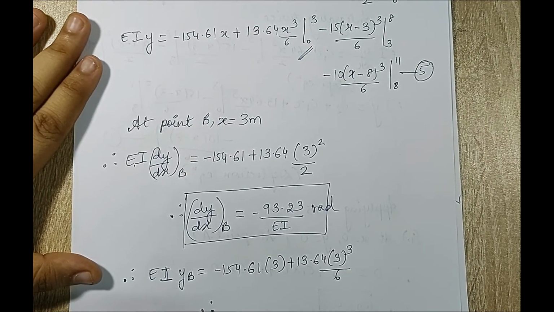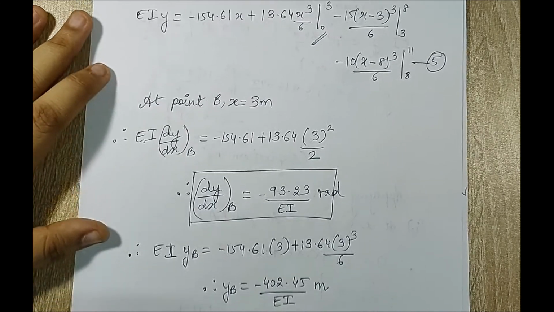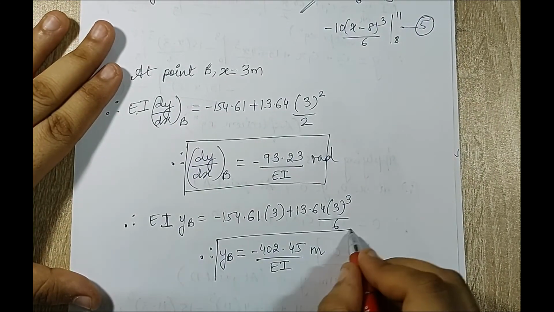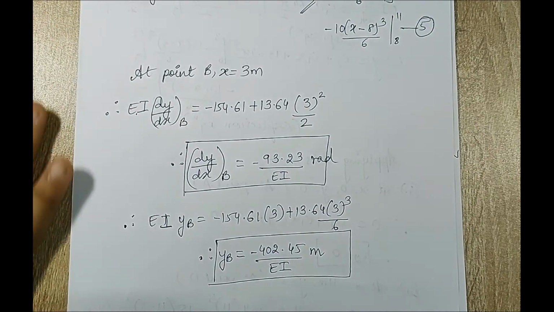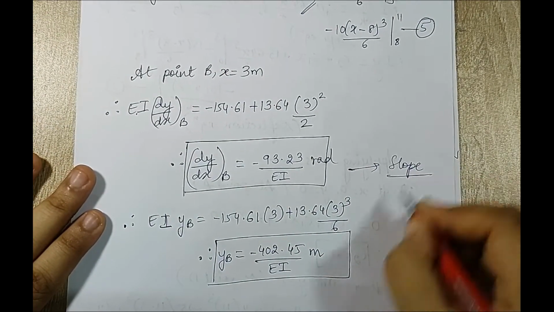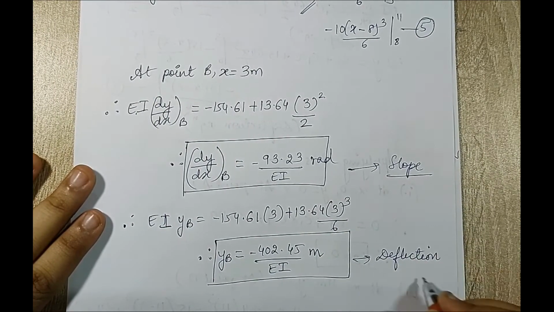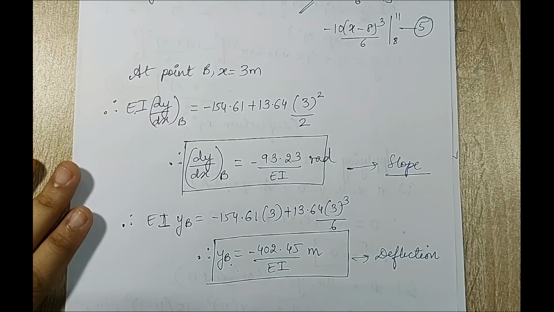So if I solve this, I'll get YB as minus 402.45 upon EI. Obviously, deflection has to be in meter. So this is my answer for slope and deflection at point B. So this is my slope and this is my deflection. Obviously at point B, I have written that.